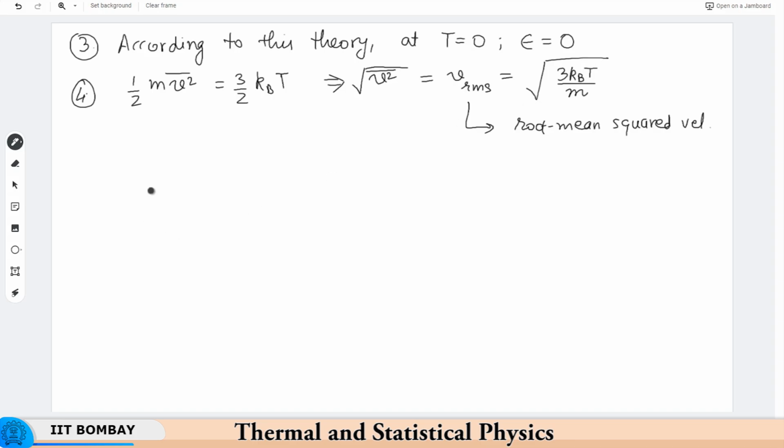So what we can do is a quick little exercise to estimate the root mean squared velocity for various typical gases. Let me make a table. For example, say you have hydrogen gas, helium gas, nitrogen and so on.